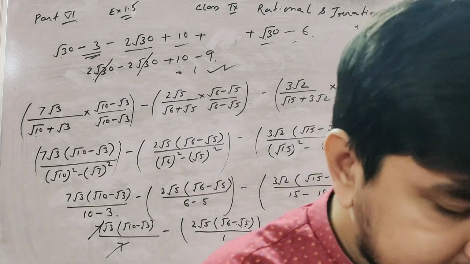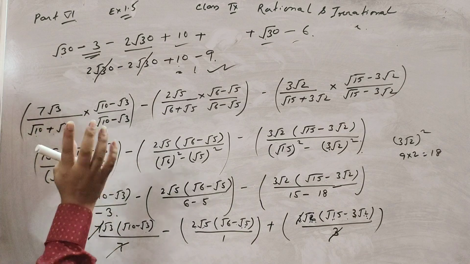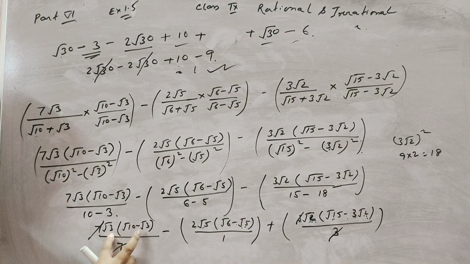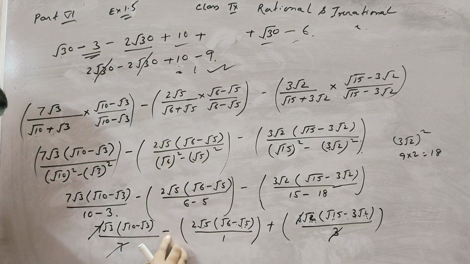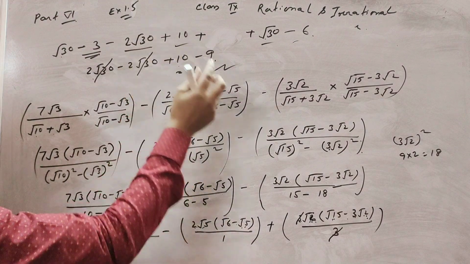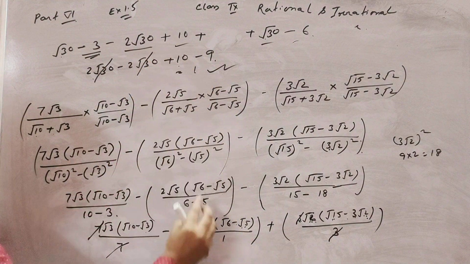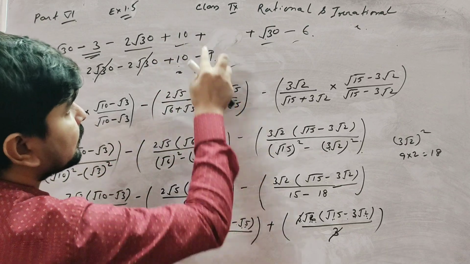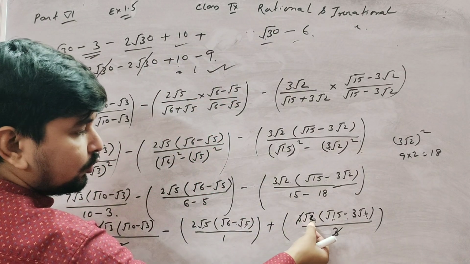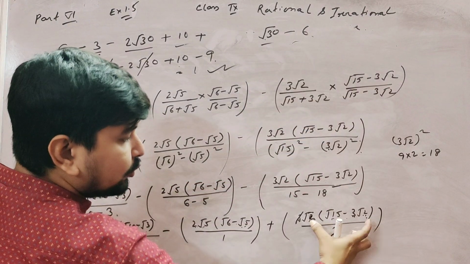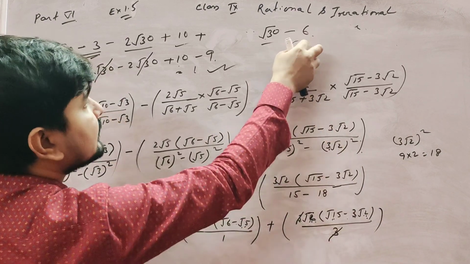Again I repeat the last portion here. If you have any kind of problem, root 3 into root 10 is root 30, minus root 3 into 3, minus root 5 into root 6, root 30 into 2, root 30, minus plus root 5 into root 5, it's 5 and 2, 2 into 5, it's 10, plus, okay, root 2 into root 15, root 30, plus minus minus root 2, 2 and 2 into 3, 6, okay.